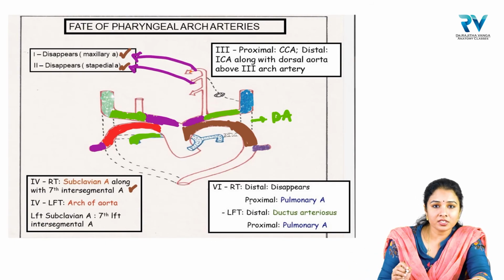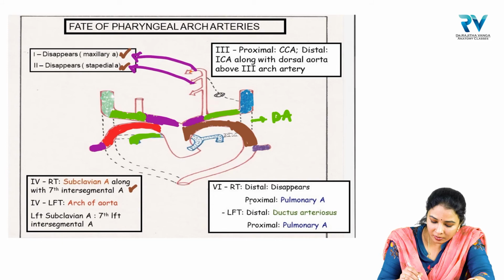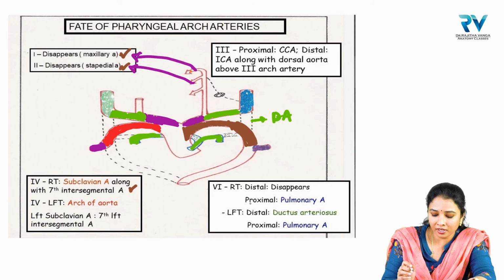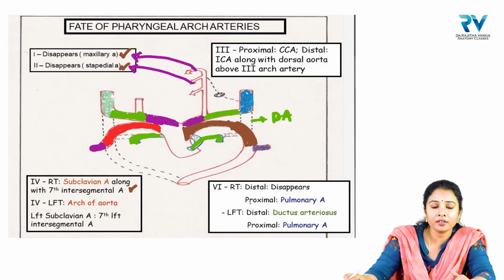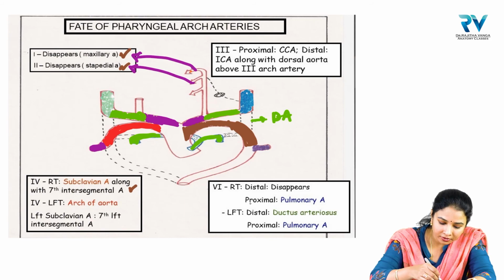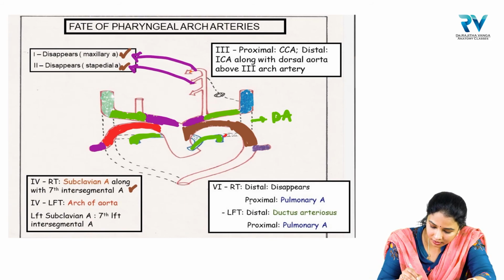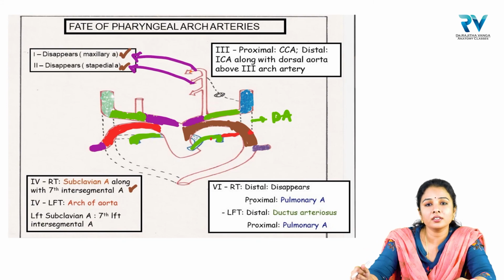On the left side, the proximal part forms the pulmonary trunk again, that is the left pulmonary trunk, whereas the distal part will form the ductus arteriosus. So this forms the ductus arteriosus, which is the communication between the arch of aorta and the pulmonary trunk.